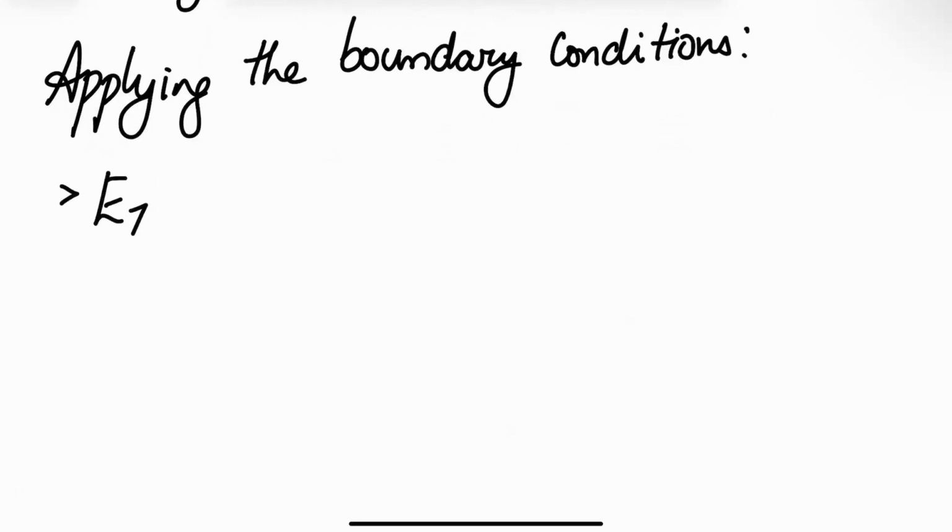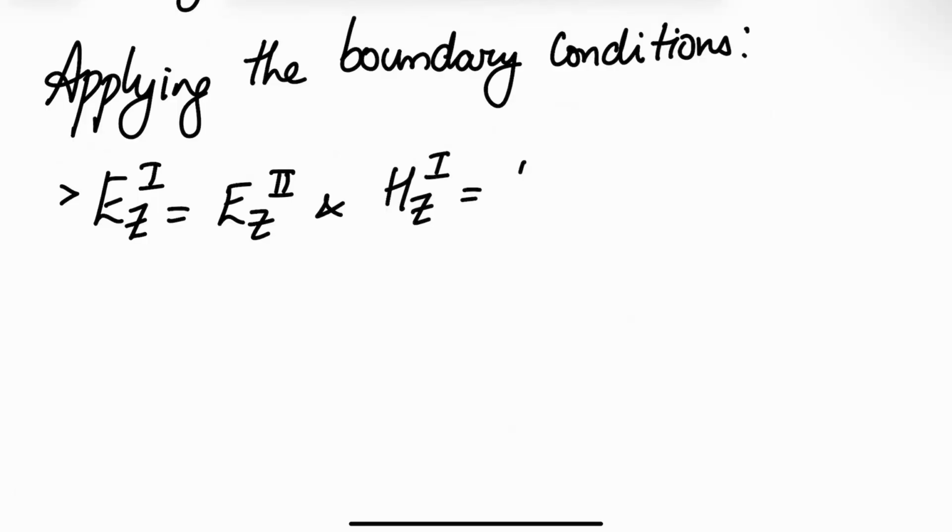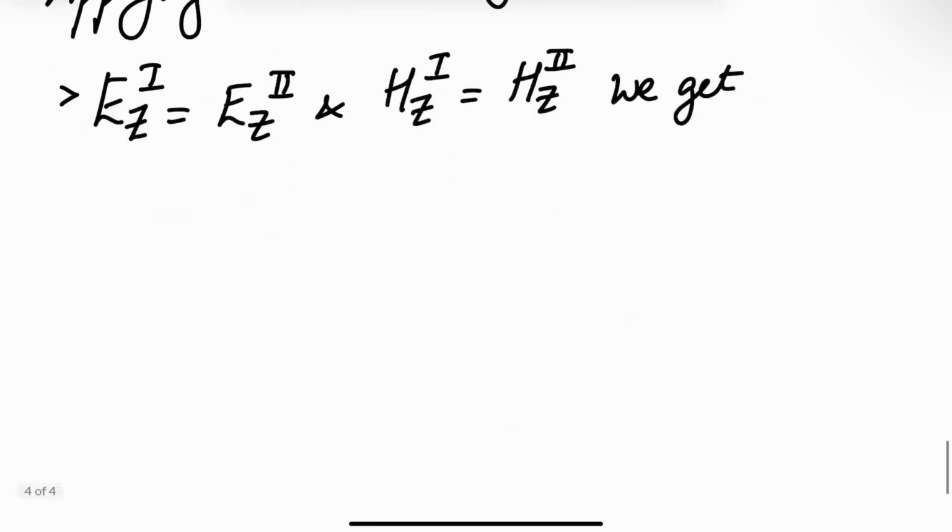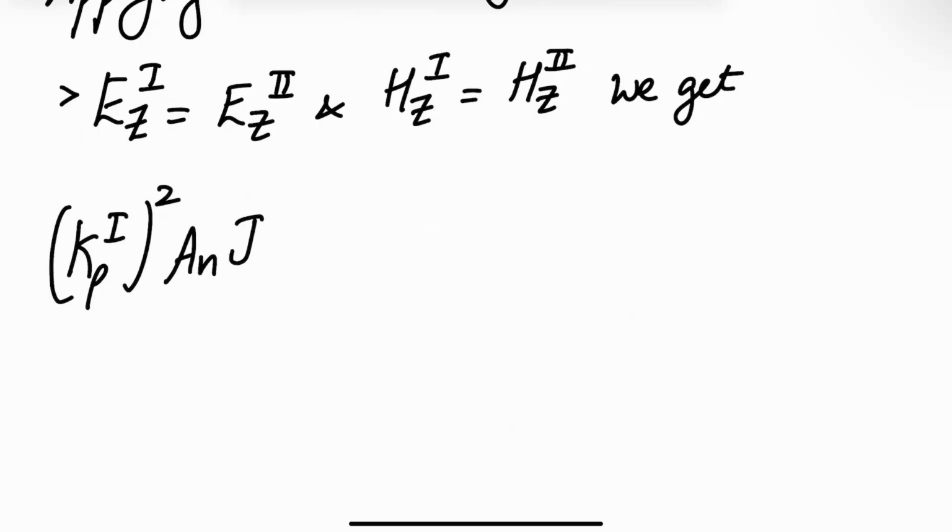Equating Ez1 with Ez2 and Hz1 with Hz2, we get the following equations, which are fairly easy to see from the above. k_rho1 squared, A_n, J_n(k_rho1 a).